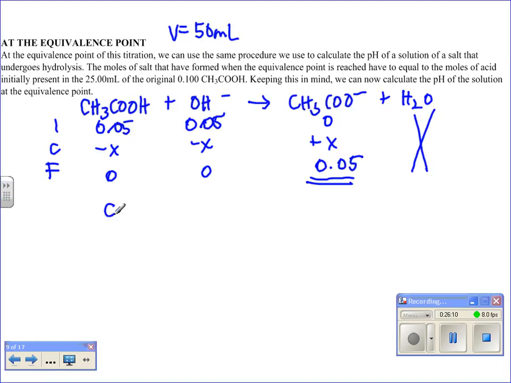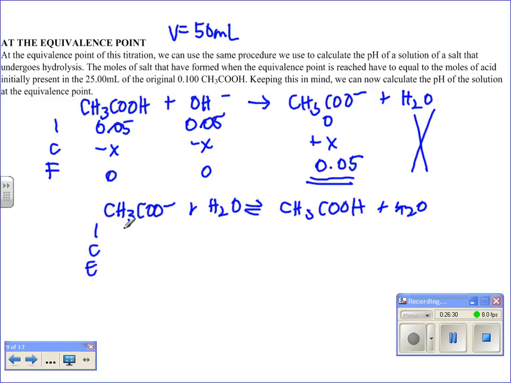So what we need to do now is look at the hydrolysis reaction that occurs with the acetate ion. The concentration of the acetate ion is 0.05.